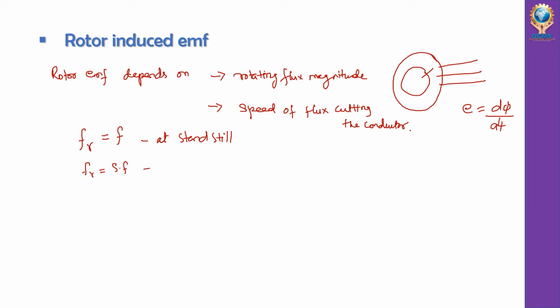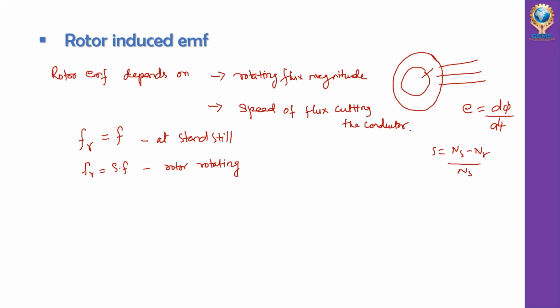Initially the slip value will be 1, but when it starts to rotate, the slip value is, you know the formula, ns minus nr divided by ns.